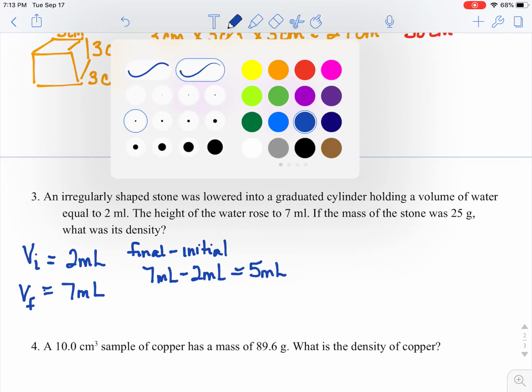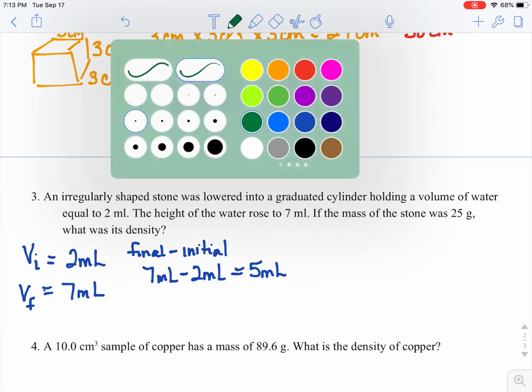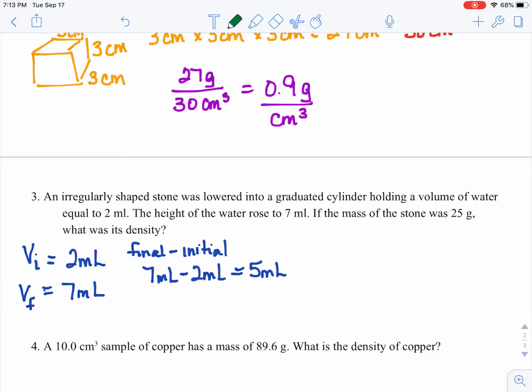Having found the volume of our stone, we can now complete our task of determining the density of our stone by taking the mass, which is given to us as 25 grams, dividing that by 5 milliliters, getting an answer of 5 grams per milliliter, and then seeing that that gives us the appropriate number of significant digits as well as our answer.